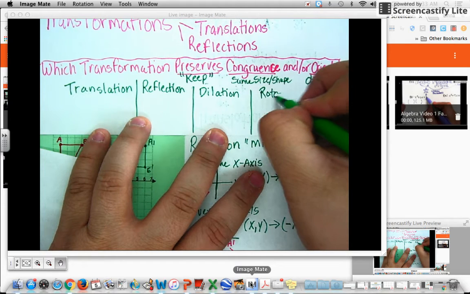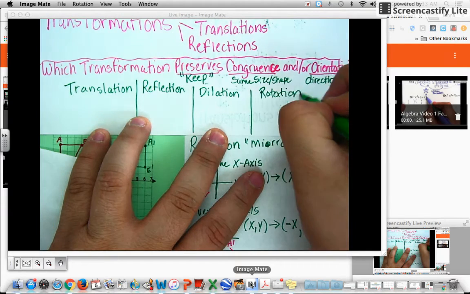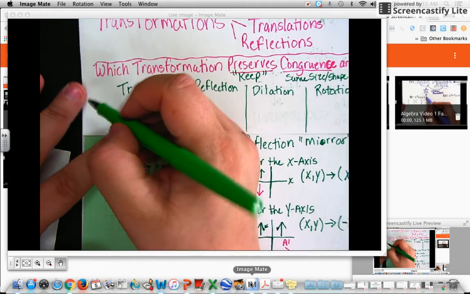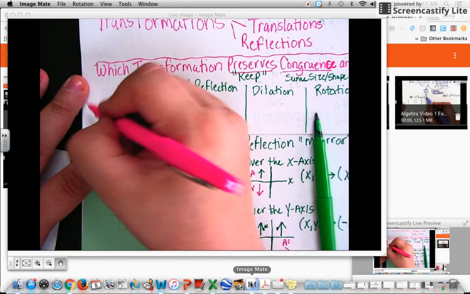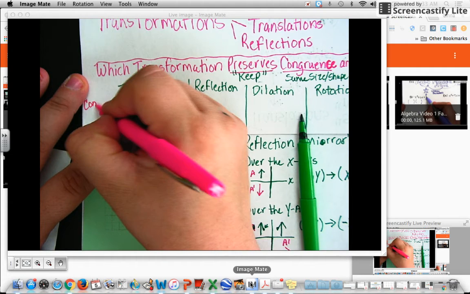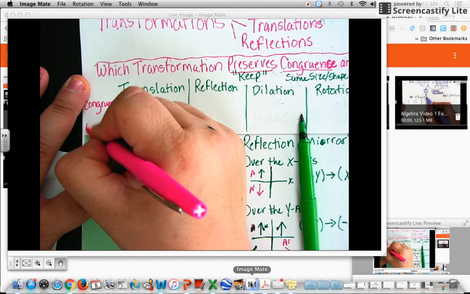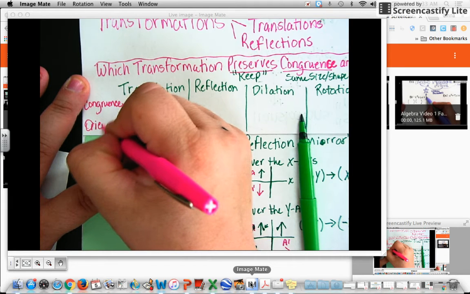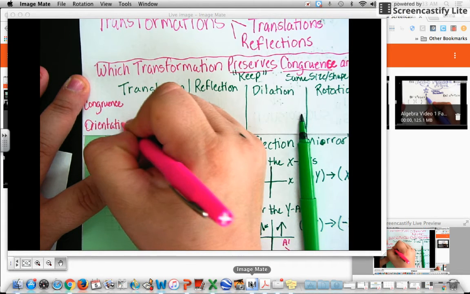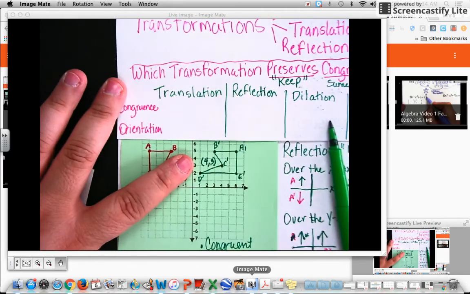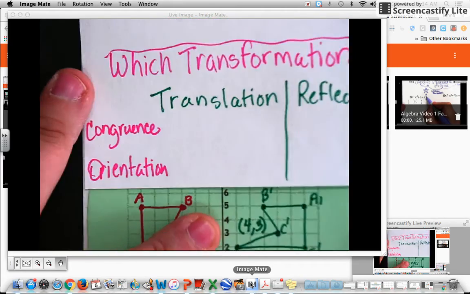So this one is rotation. That one's a little bit more confusing, so we didn't do that one yet. So I'm going to put here congruence and orientation. And we're just going to make a little table. We're going to put check marks over which one we feel maintains congruence.